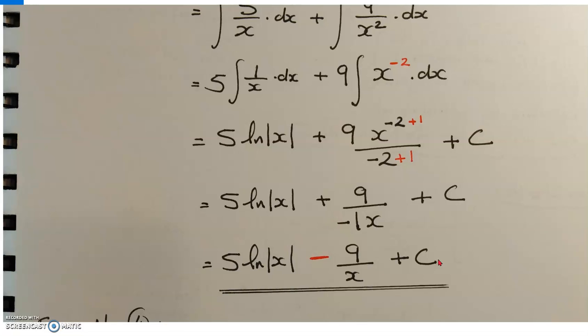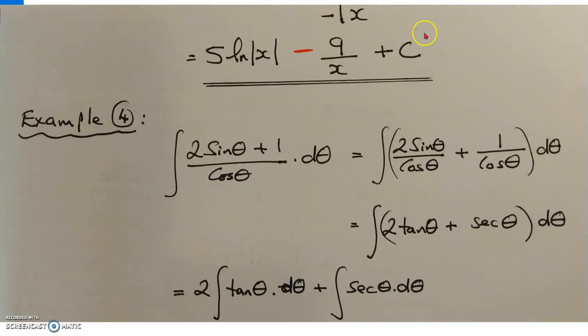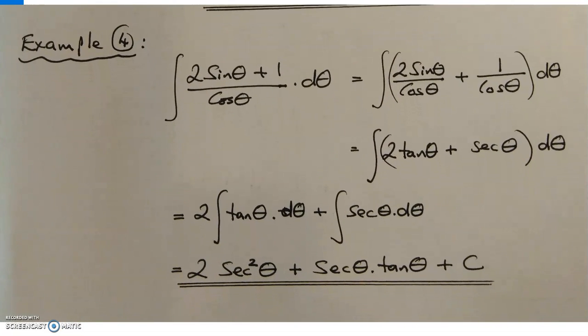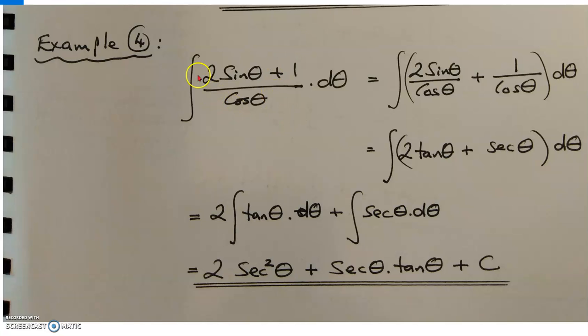Okay, now let's look at one that's to do with a little bit of trigonometry. Supposing you're asked to integrate something like that. Again, you've got two terms in the numerator over a single denominator. So split it up, and that's what I've done here. I've written the integral of 2 sine theta over cos theta plus 1 over cos theta, all d theta.